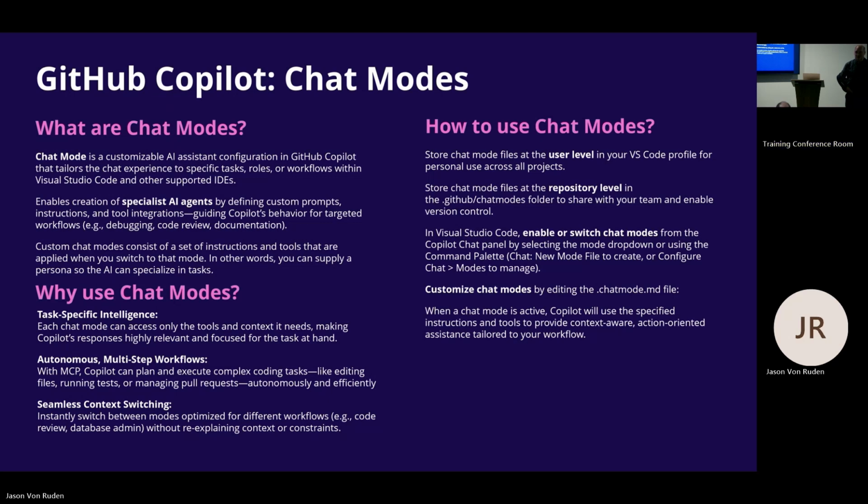Even in Copilot, things have moved really fast. Even this last week, if you're an extension writer for Visual Studio Code, you can write your own prompts and chat modes that plug into AI with your extensions.